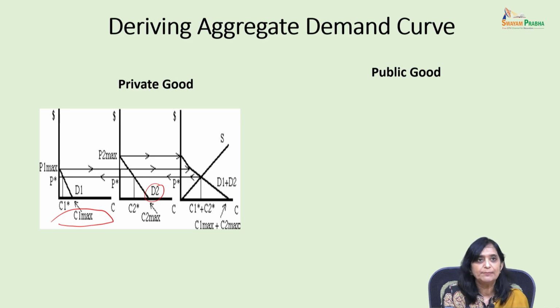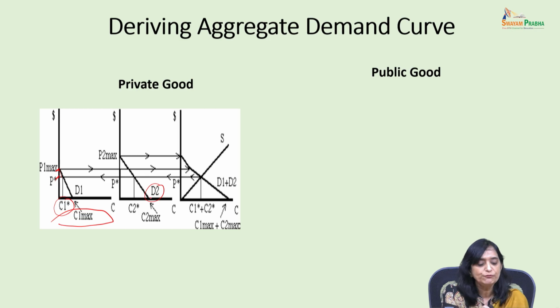If it is a private good, P1 is the maximum price which this person is willing to pay. Correct? And for C1 star quantity of good, this person is willing to pay a price P star.